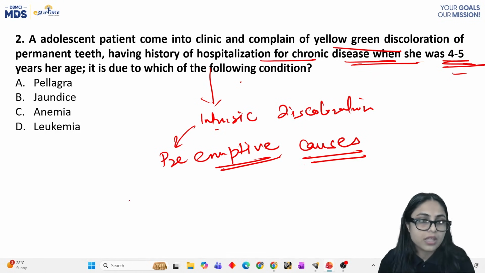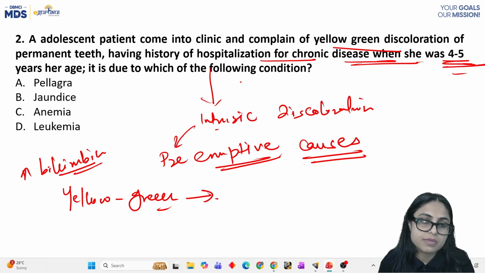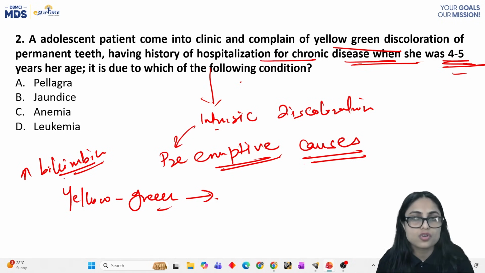So when the patient shows this yellow green discoloration of teeth, this is due to increased bilirubin that gets incorporated into the hard tissues of teeth, which are at developing stage.